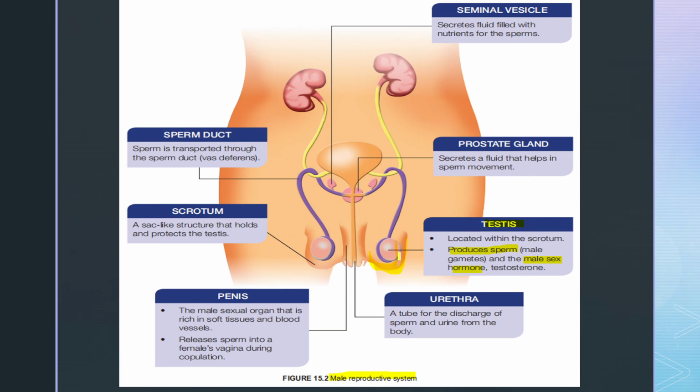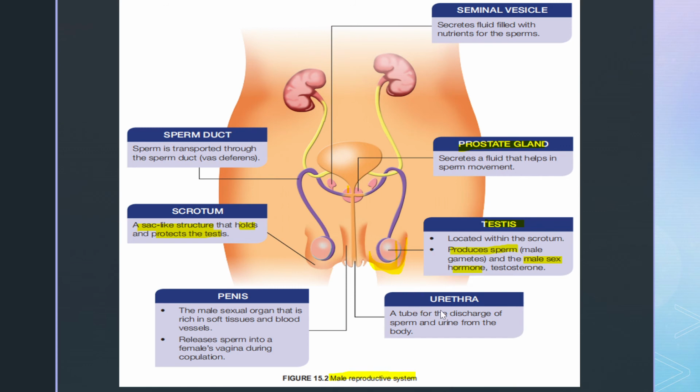So what is this scrotum? It is a sac-like structure that holds and protects the testes. Also we have the prostate gland. That's the position of the prostate gland.